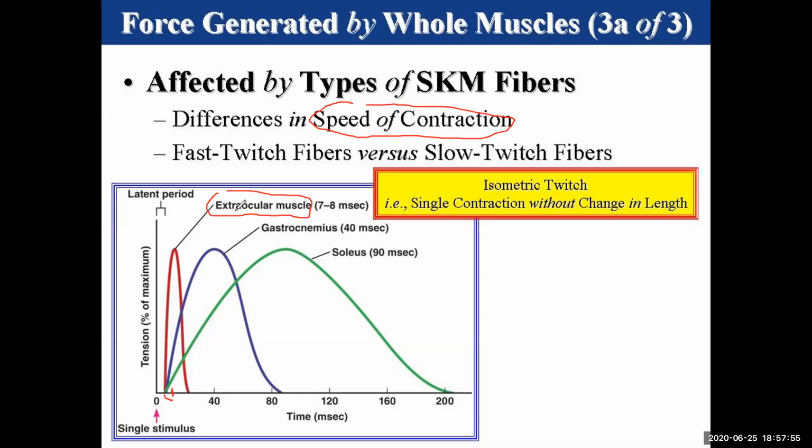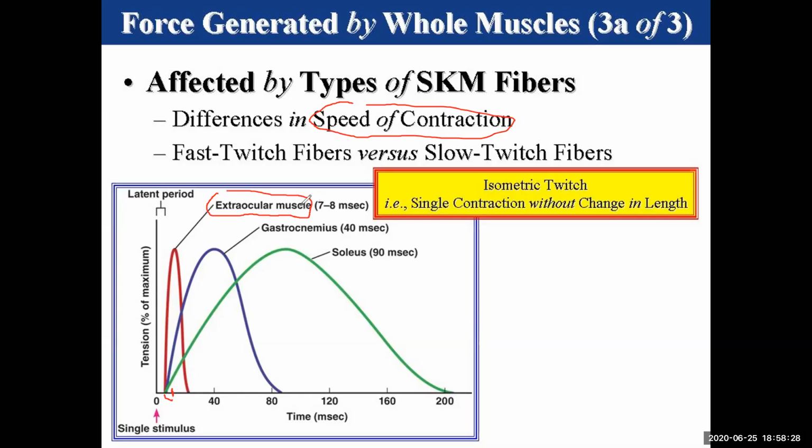The eyes have one of the most important, if not the most important, special senses that we have, vision. So they are extremely fast. That's why visual reflexes are also fast, right? So you can move your eye very quickly because of the speed at which these extraocular muscles can contract.